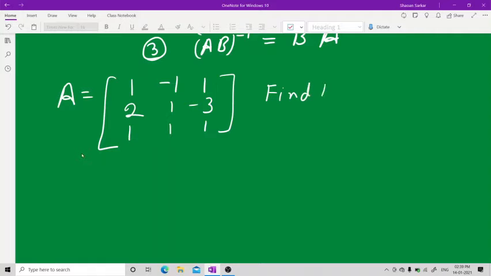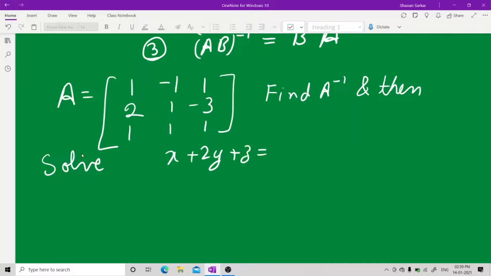Then using A inverse, solve x plus 2y plus z equal to 4, minus x plus y plus z equal to 0, and x minus 3y plus z equal to 2.